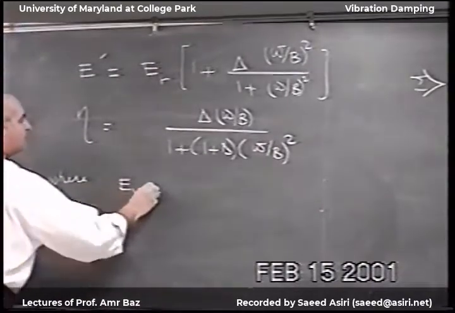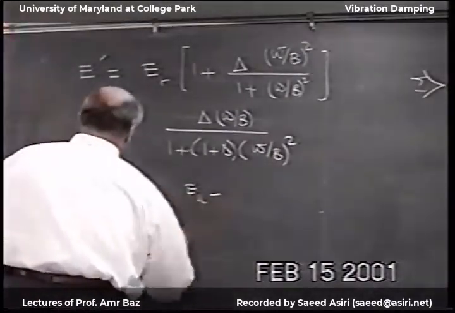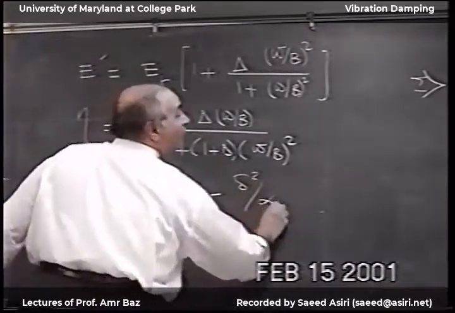ER is equal to EU minus delta squared over alpha.